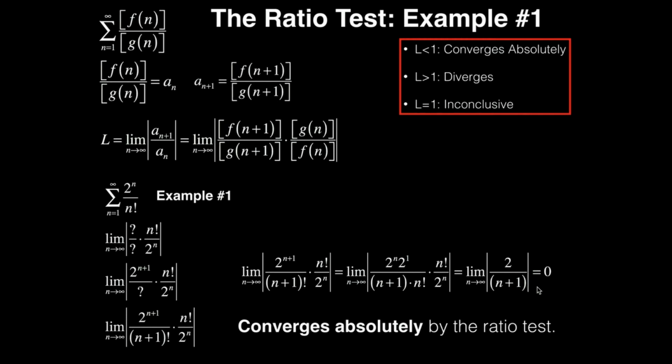Now, how can I simplify this factorial, n plus 1 factorial? Well, think about what n plus 1 factorial is. It would be the first term, n plus 1, times the next successive term in the list, which would be what? n. So n plus 1 factorial is the same as n plus 1 times n factorial.